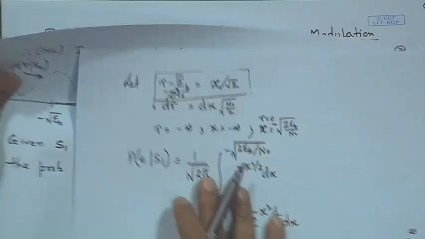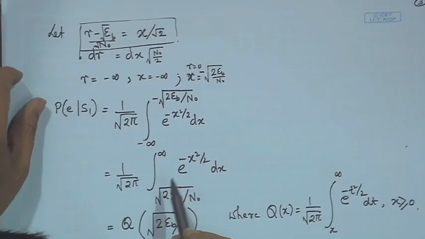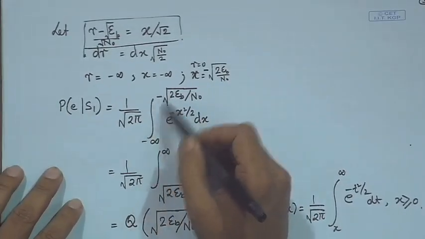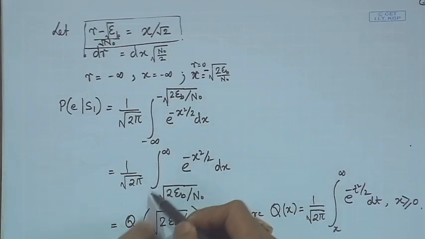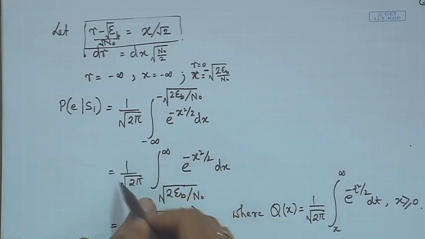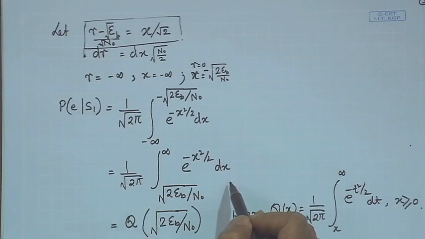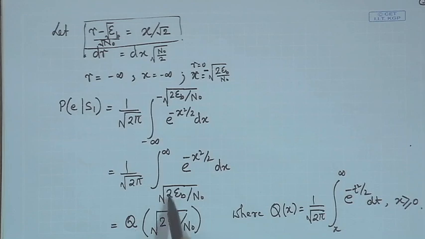Moving further, since there is a negative sign on both of them, you could swap the limits and you get an expression which appears here. This expression can be substituted with the Q function with the argument of this term, where Q of x is 1 over root 2 pi, integral from x to infinity of e to the power of minus t squared by 2.